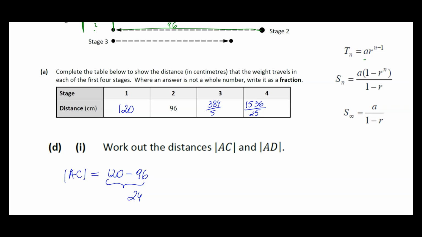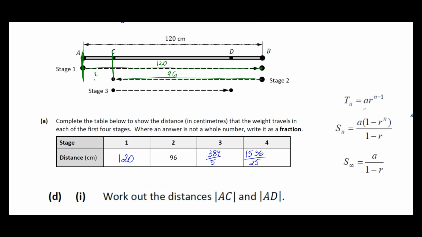Okay, then what about the distance AD? Where is that? Now, let me just remove this drawing to make it better. So we are looking at this distance and this distance, AD. That's the one. So what do I know about this distance? Again, I know this first one is 120.